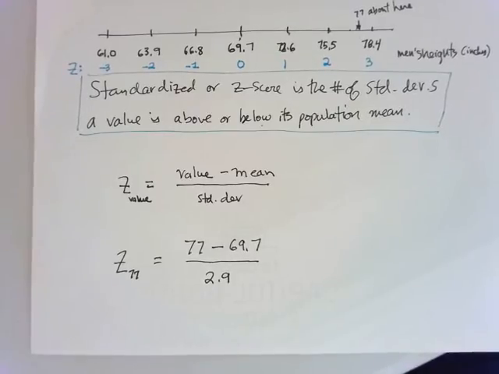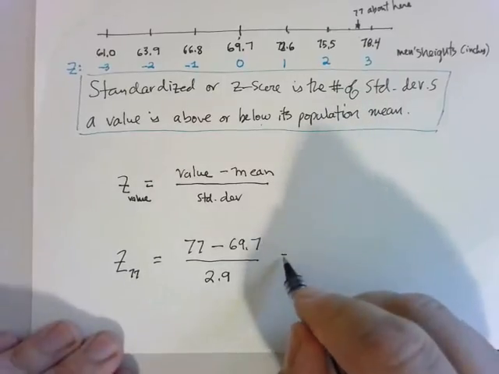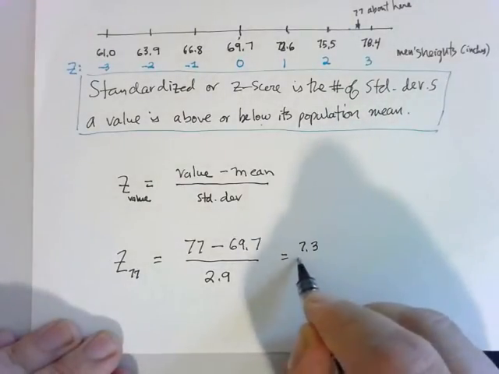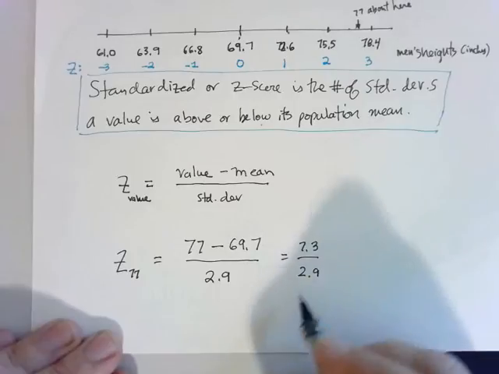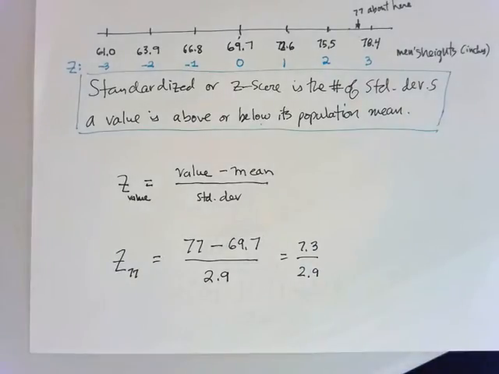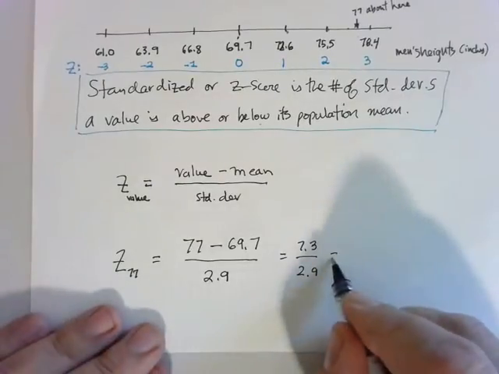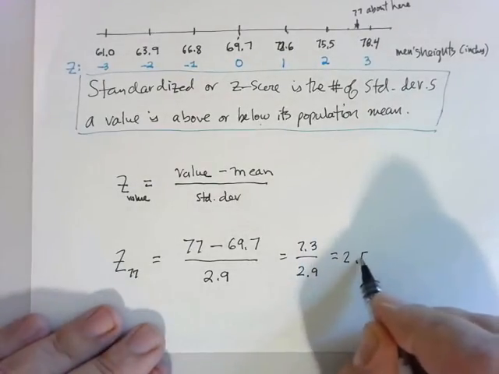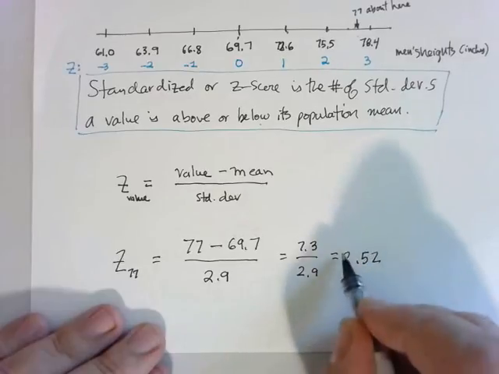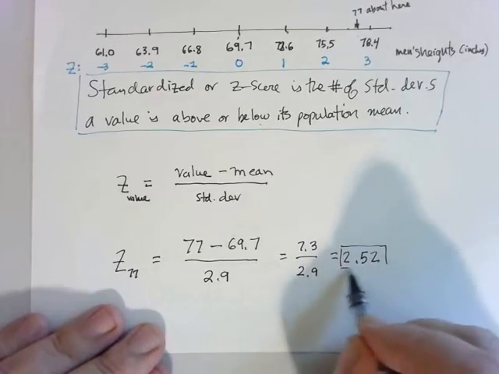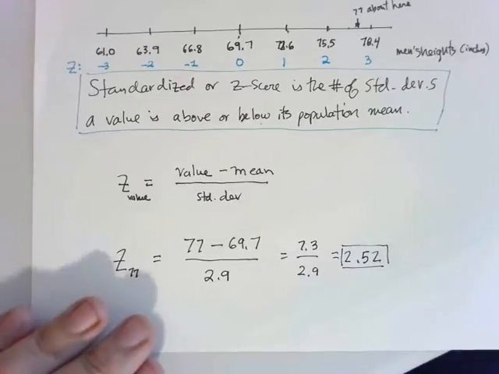So he's 7.3 inches above average. And if I divide that by 2.9 inches, I find that his z-score is 2.52 approximately. Usually z-scores are written to 2 or 3 places past the decimal point.